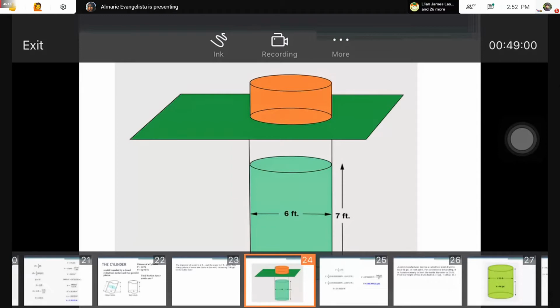Kasi yung volume, same lang siya, yung volume ng cylinder, same lang sa concept ng prism. Kunin mo muna yung area ng base, tapos i-times mo na sa height.